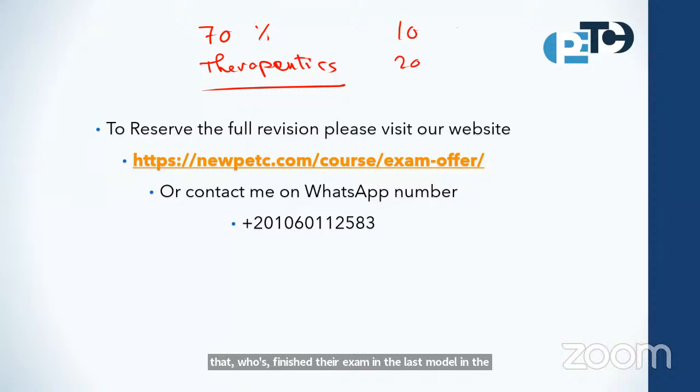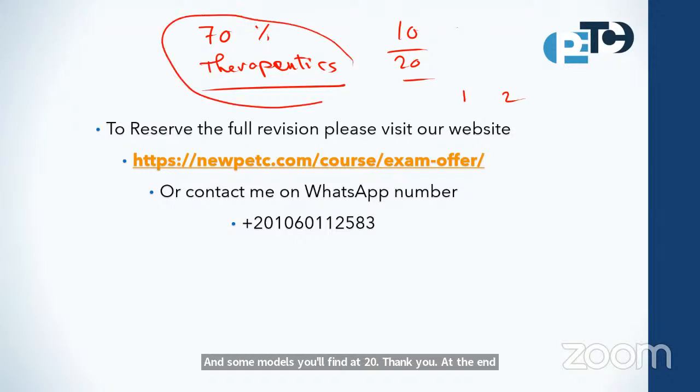There were no calculation problems, or they didn't remember facing a calculation problem. So in some models you'll find a very low number of calculation problems, 1 or 2, and in some models you will find 20 calculation problems. At the end, calculation problems are a part of therapeutics, which is considered 70% of paper 2.